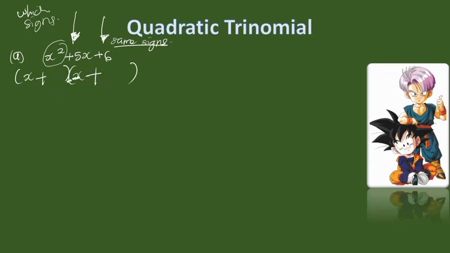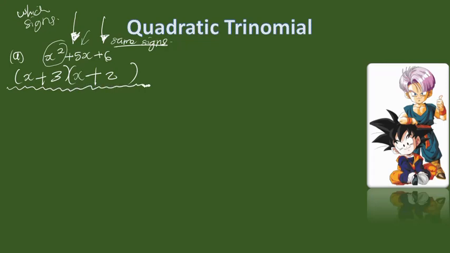So since we know that all your brackets are positive, we want factors of 6 that can give you 5. Factors of 6: you have 6 and 1, you have 3 and 2. The only ones that can be all positive and give you a 5 are 3 and 2. So you put a 3 here, you put a 2 there. Right. Easy.